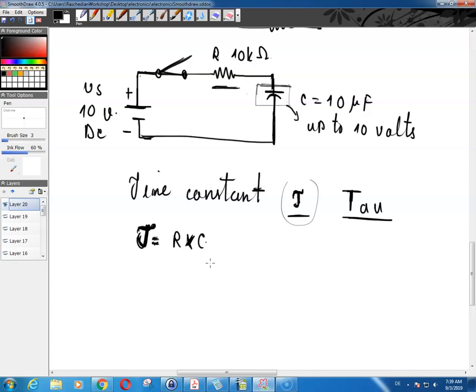So now to answer the question: what is the formula for the time constant of this type of circuit?